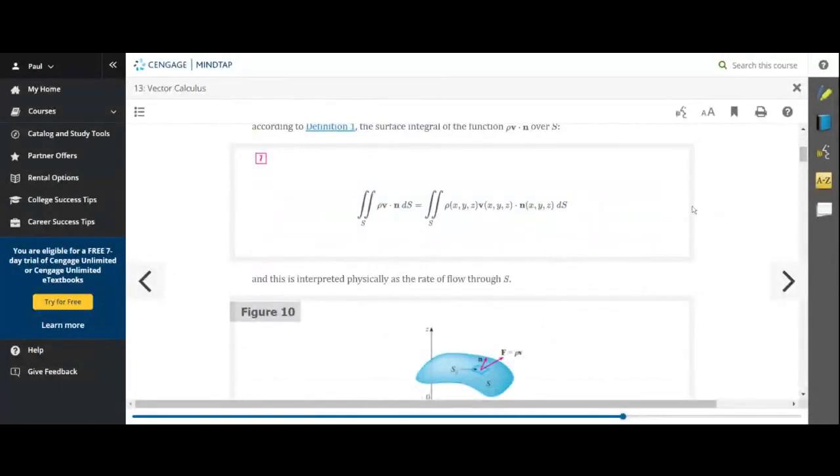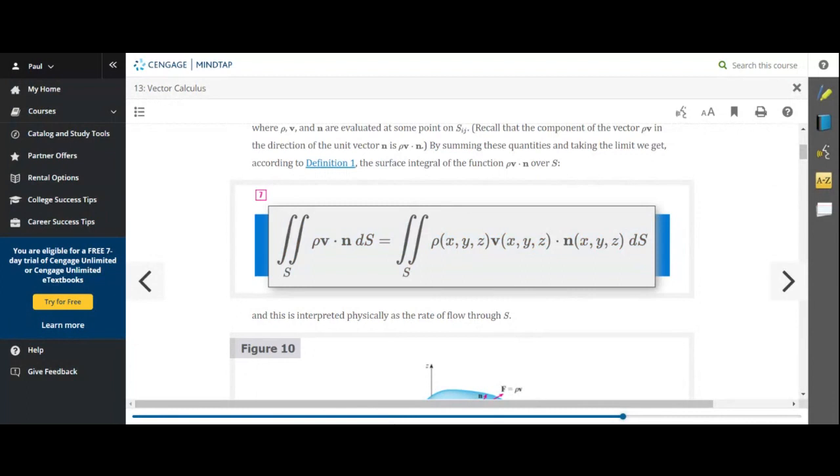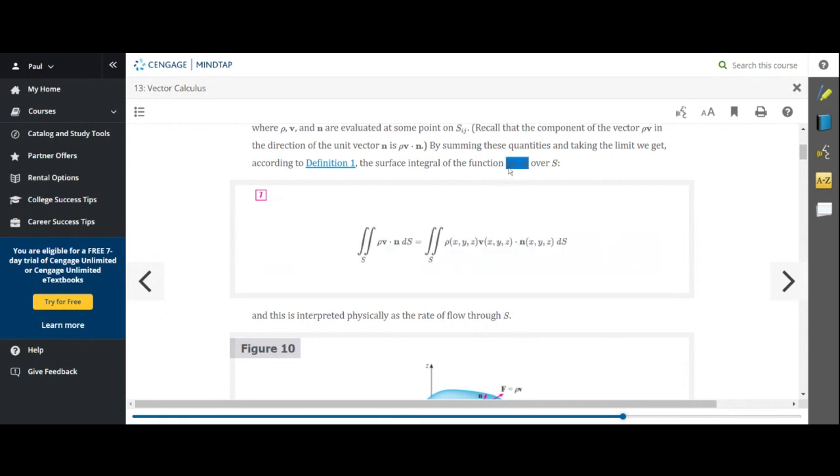Then the surface integral of the function, and now our function is this dot product. That's our integrand.